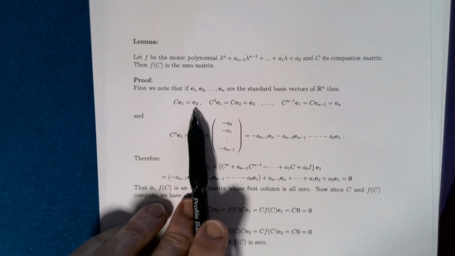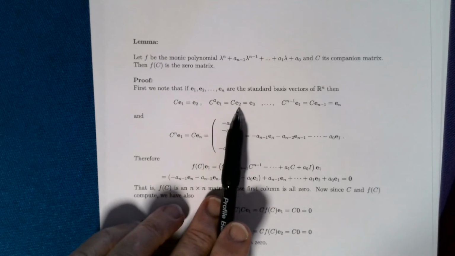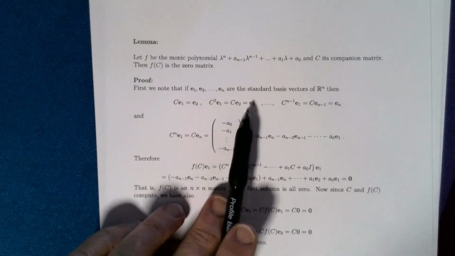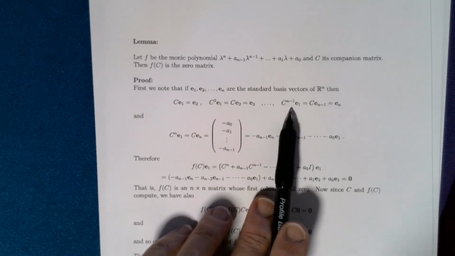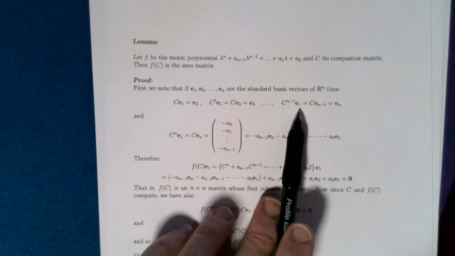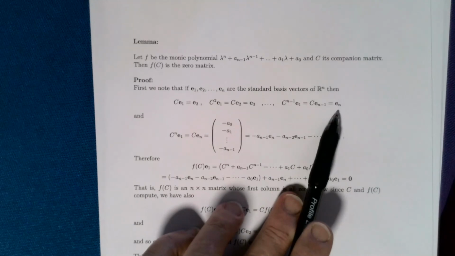If I square this, C squared times E1 is just C times E2, and remember that the second column of C is just E3, and so on, and this of course is going to mean when we get to the second last one, C^(n-1) E1 is C times E(n-1), and that was just our last basis vector.